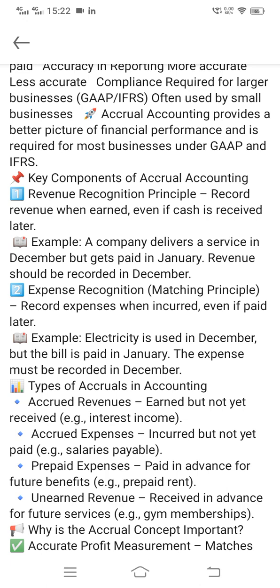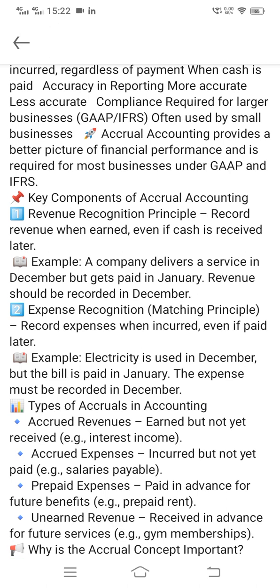Now why is the accrual concept important? I have told you earlier as well that the accrual concept is used by most of the companies.